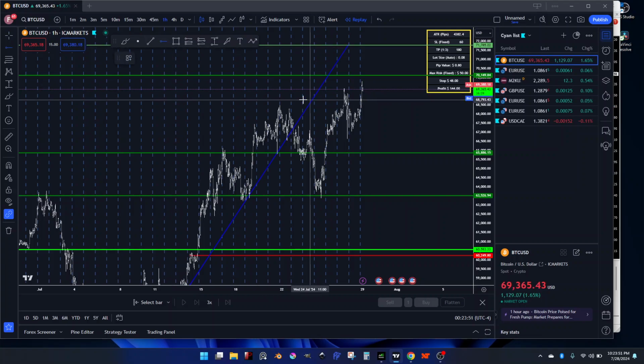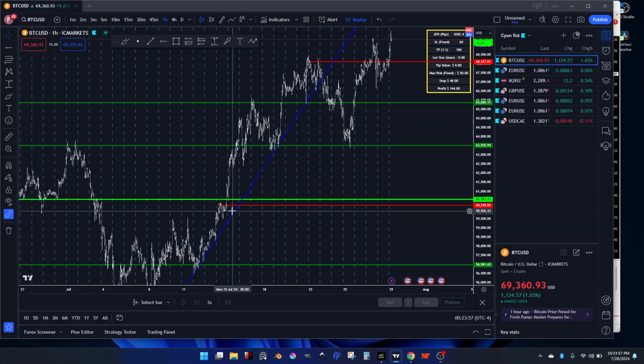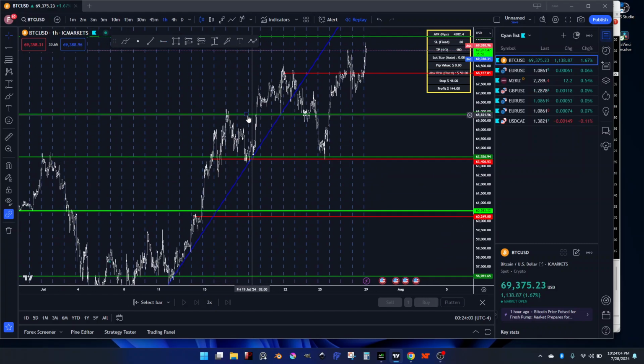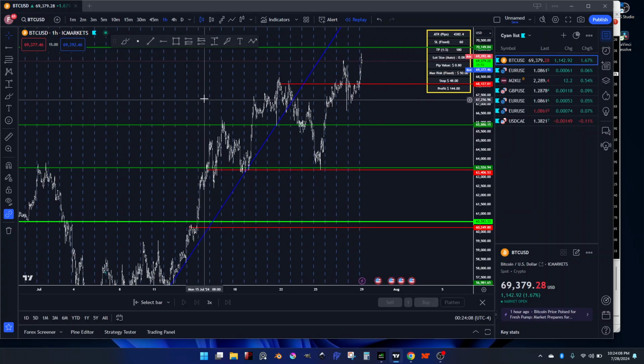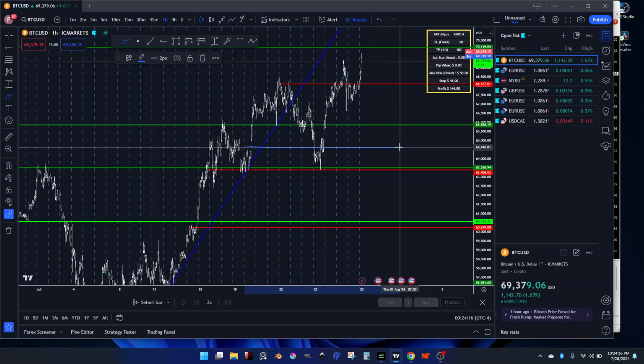Current positions, I have one here short, I have one on this level, and I have one at this red line here as well. So these are all the positions, and in this case, notice I didn't add in here, but I added in up here. When we're talking about our break-even position, I actually have a break-even somewhere about here.